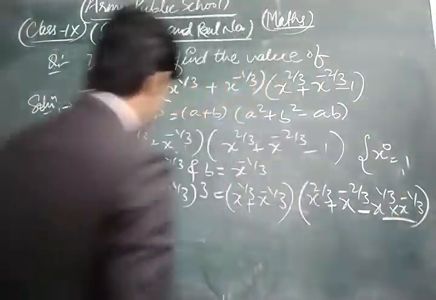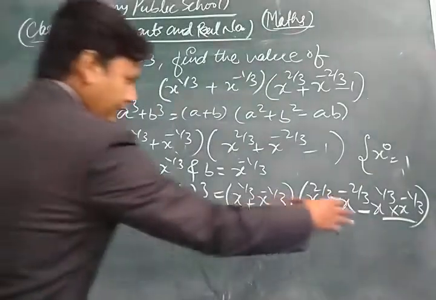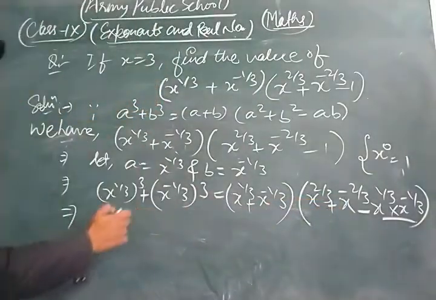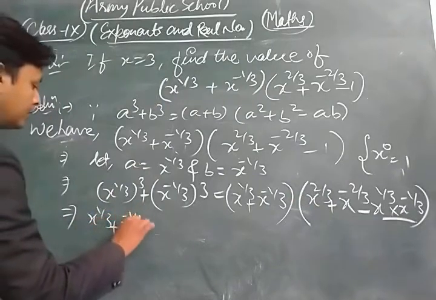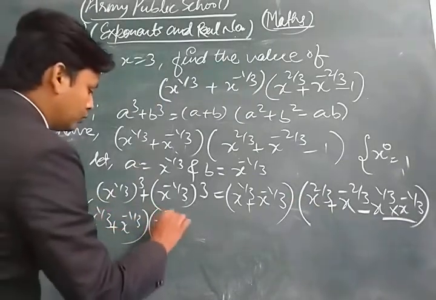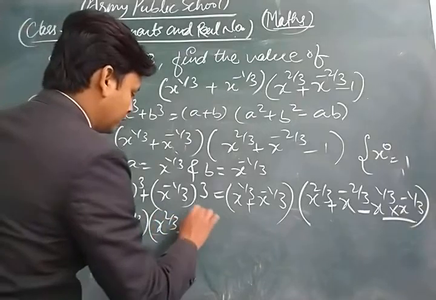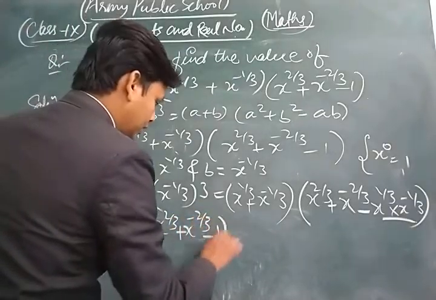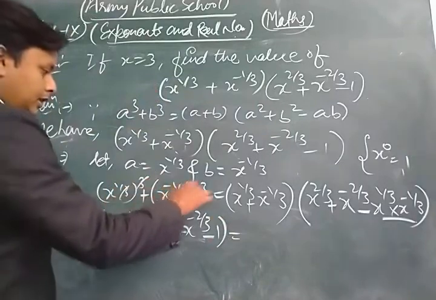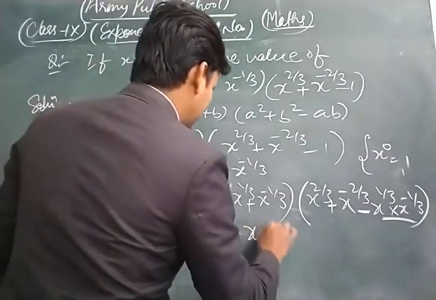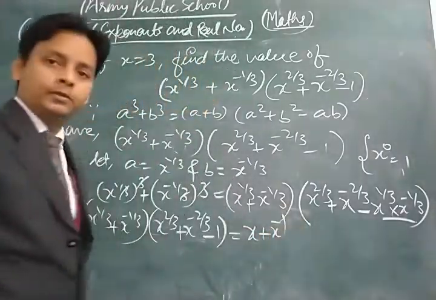So thus we can write the given expression as x power 1 by 3 plus x power minus 1 by 3, into x power 2 by 3 plus x power minus 2 by 3 minus 1, equal to this. The 3 cancel each other, so x plus x to the power minus 1.